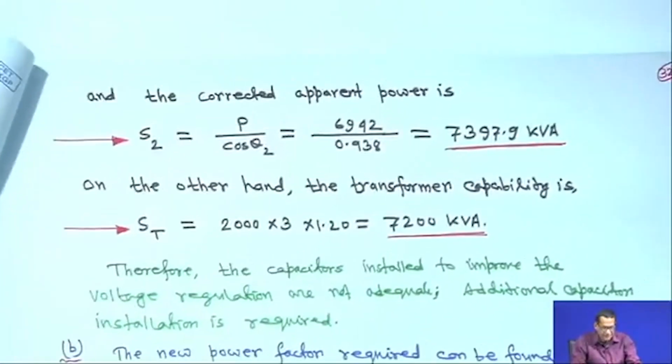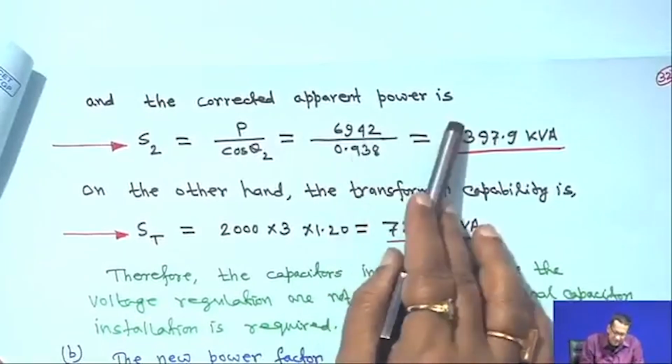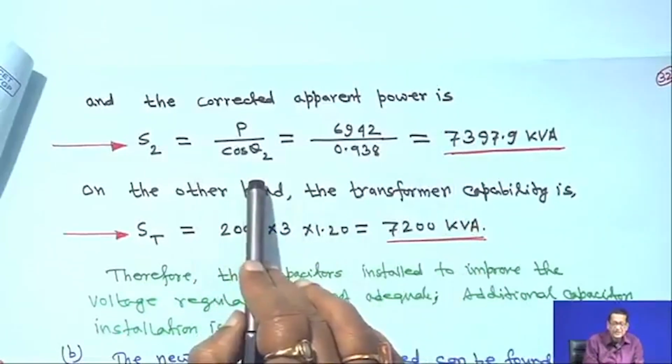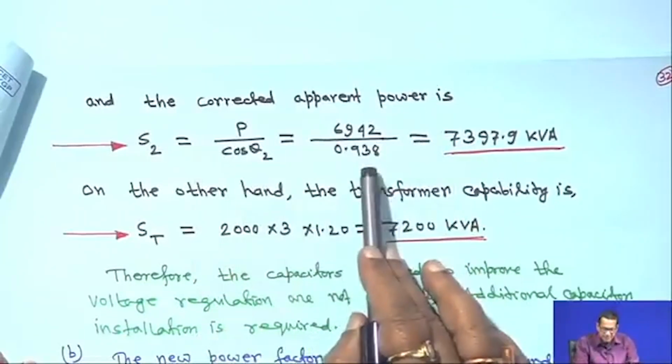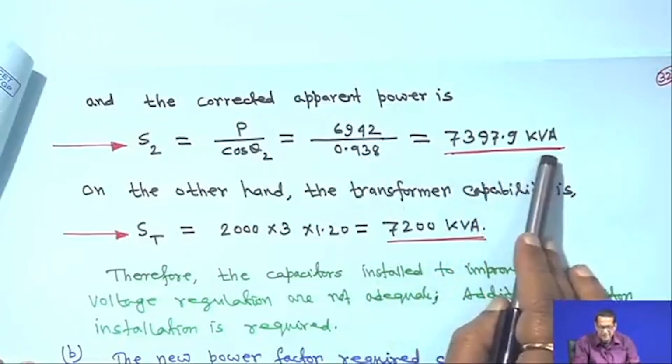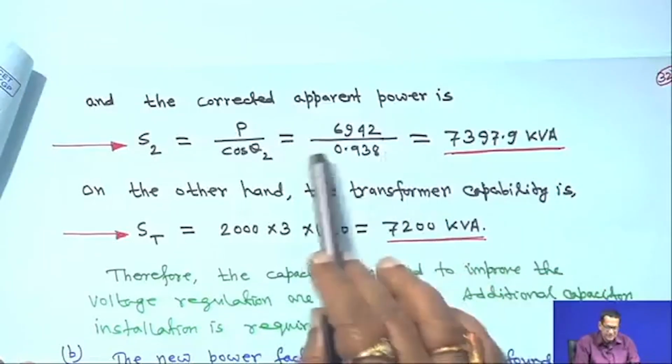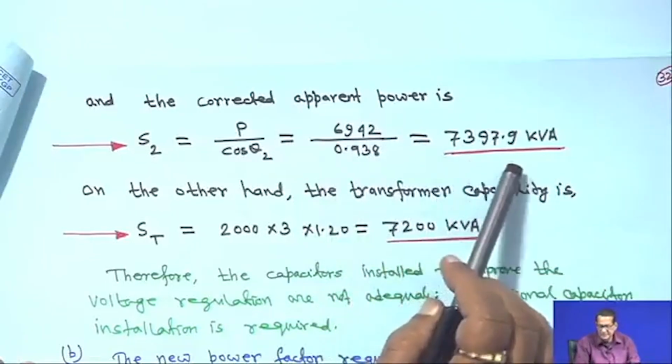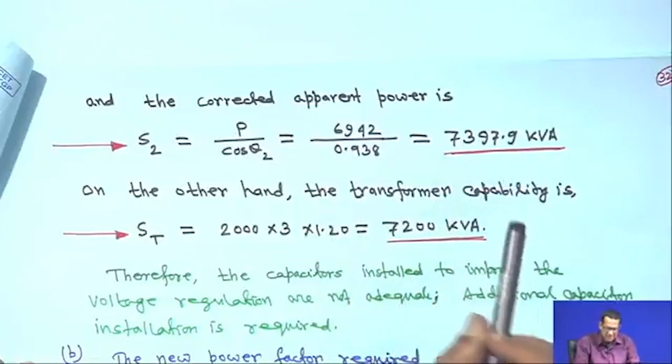Therefore, the corrected apparent power S2 is equal to P upon cos theta 2. Therefore, 6942 upon 0.938 gives 7397.9 kVA, right. That means the corrected apparent power is 7397.9 kVA.